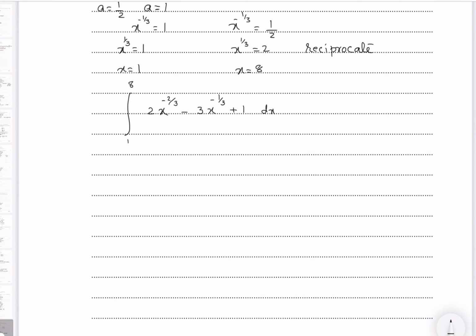Now actually these are your limits. Now integrate it. So this is your integration. Put the limits at one end. Now upper limit minus lower limit.